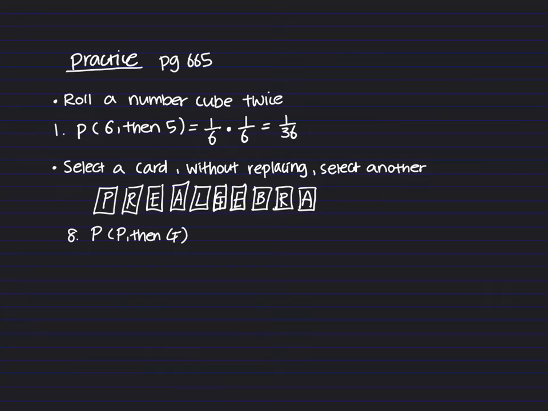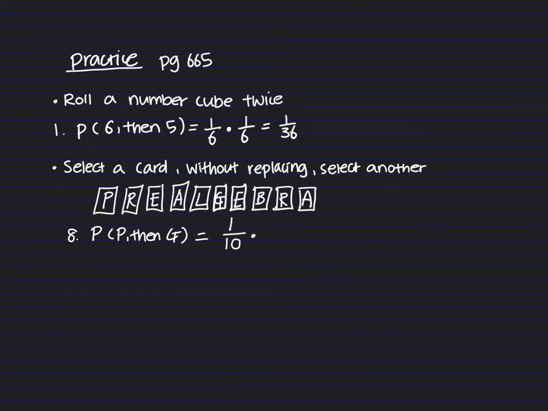Before we start finding the probability, let's go ahead and count how many cards we have in total. So we have 1, 2, 3, 4, 5, 6, 7, 8, 9, 10. We have a total of 10 options to choose from. Out of the 10 cards, I only have one P that I can select.